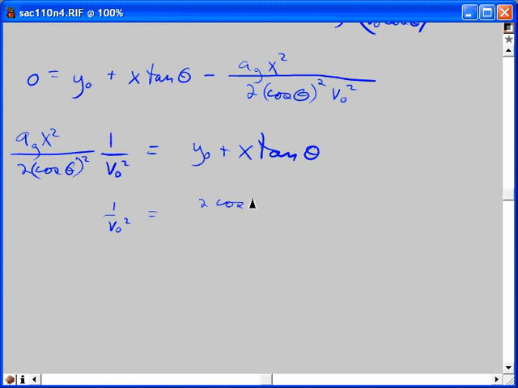So now multiplying by 2 cosine of theta squared over, I'm multiplying this side by that, so I'll go ahead and write down what I had on this side: y0 plus x tan theta. And then that's all being divided by, multiplying both sides by this over that, so I've got a sub g x squared.